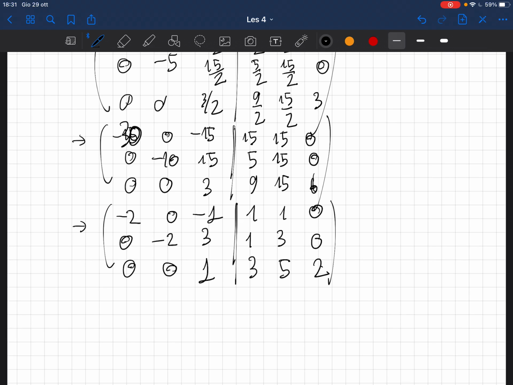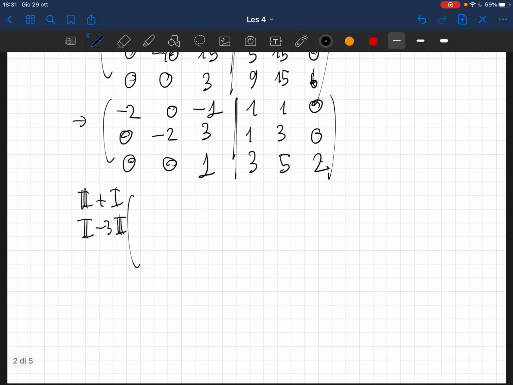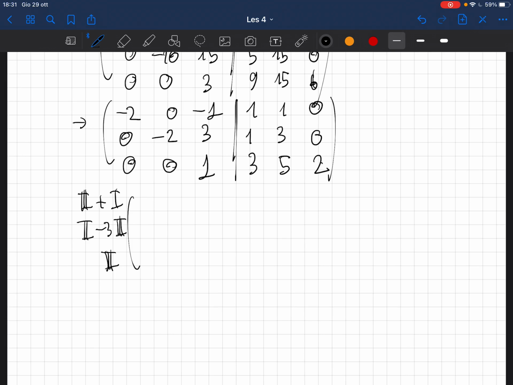So for example, let's replace this by the third plus the first, and here by the third, and here let me see, that would be the second minus 3 times the third. That's a possibility. And here as before, so this doesn't change.